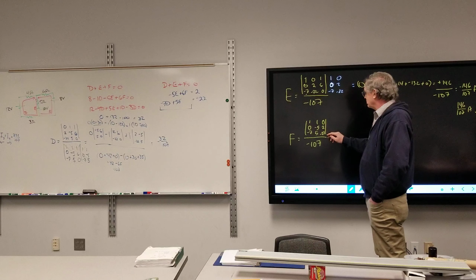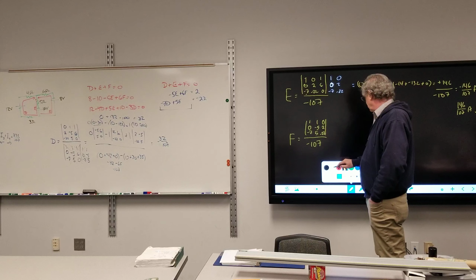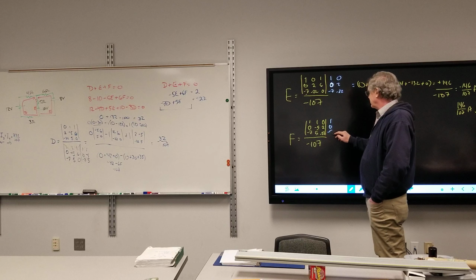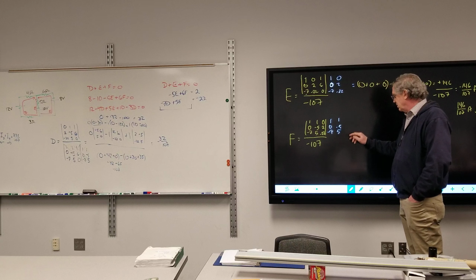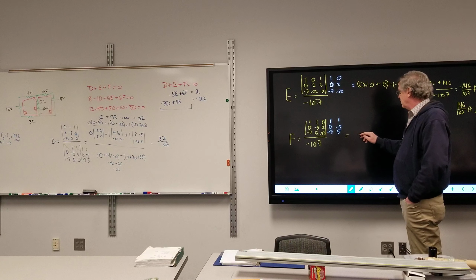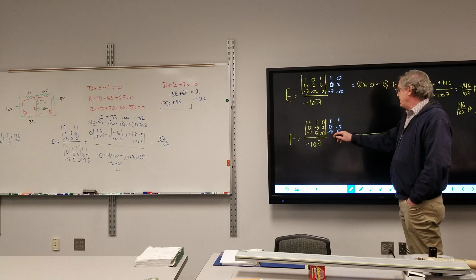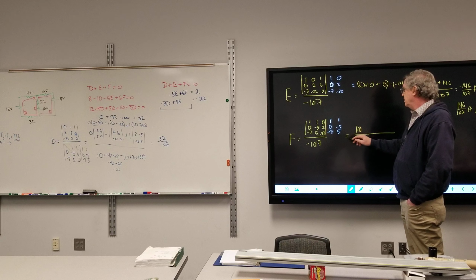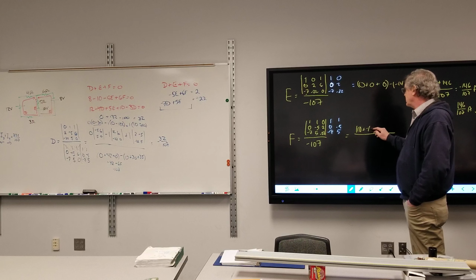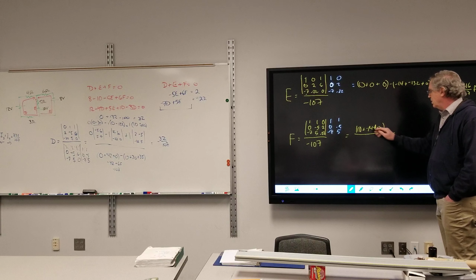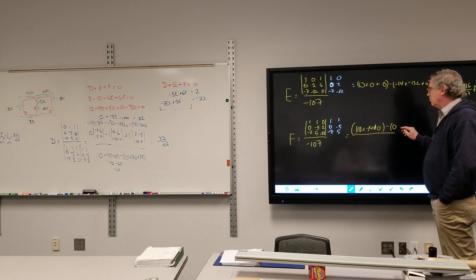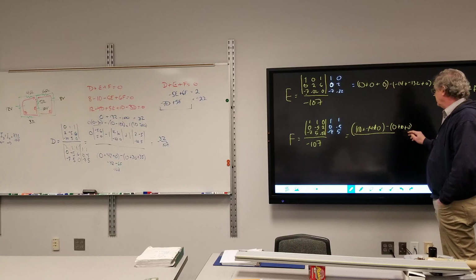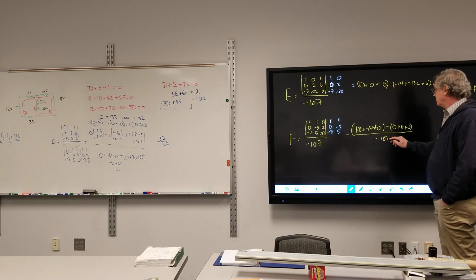All right. 1, 0, negative 7, 1, negative 5, 5. All right, so multiplying that diagonal, I have 110 plus negative 14 plus 0 minus 0 plus 10 plus 0 over negative 107.